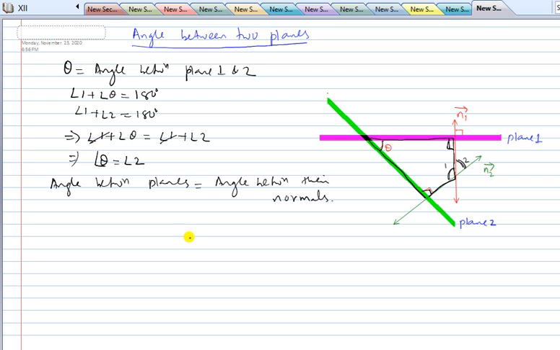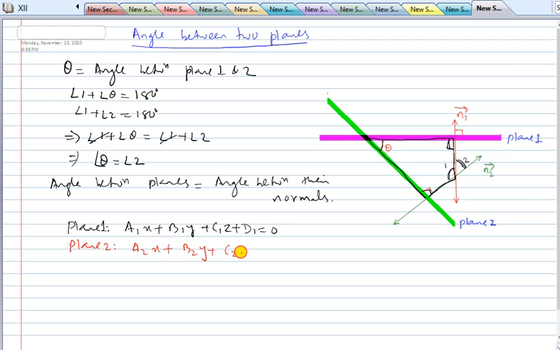So when I want to find the angle between two planes, it will be enough to find the DRs of their normals. So suppose plane 1 has the equation a1x plus b1y plus c1z plus d1 equals 0, and plane 2 has the equation a2x plus b2y plus c2z plus d2 equals 0.